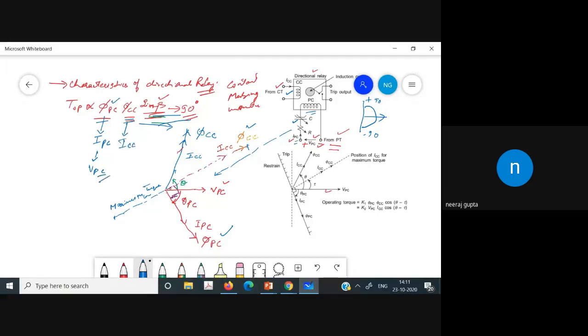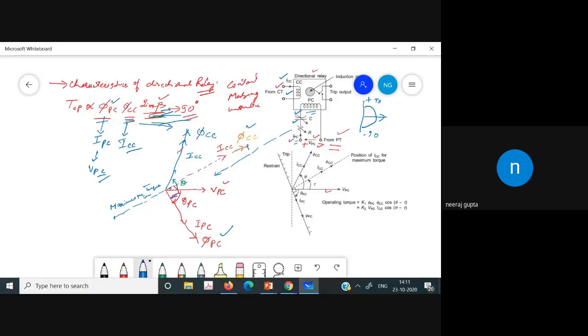So VPC, this one, and ICC, this one, that is the current transformer. The angle between these should lie between plus 90 and minus 90 for positive power and positive torque.